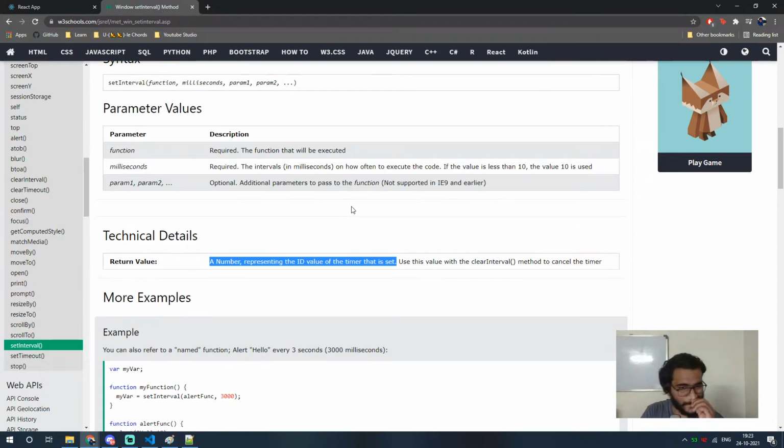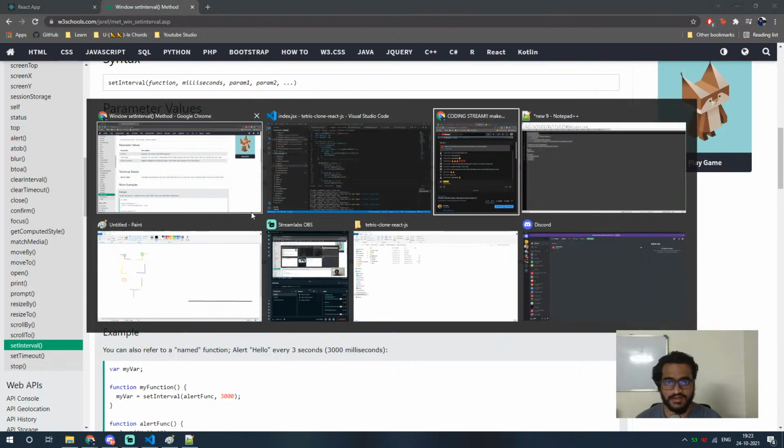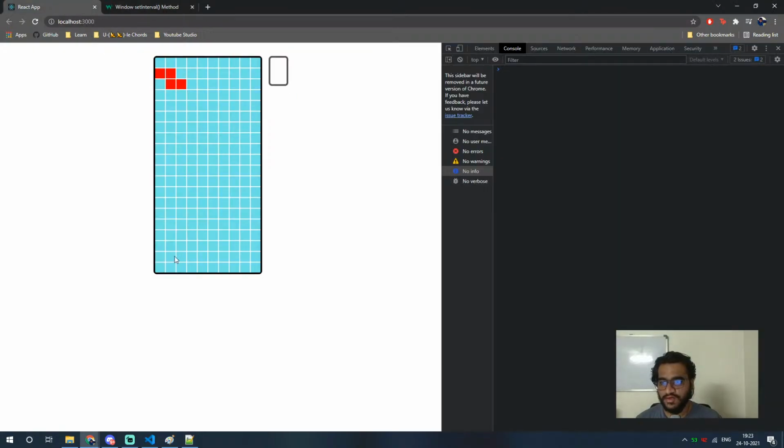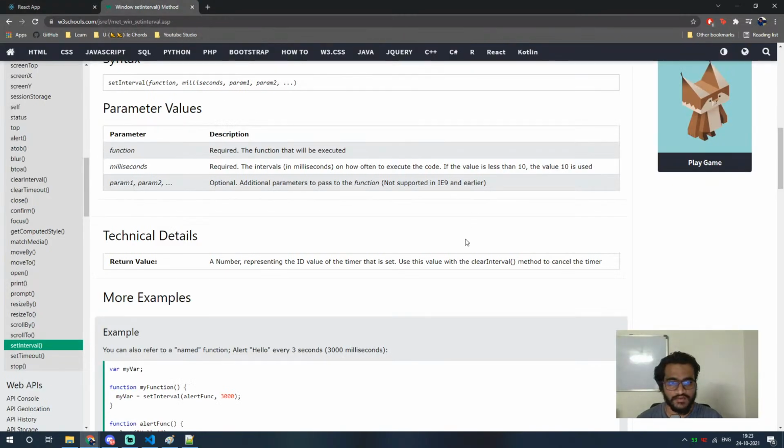Why I am concerned with this is that when this block collides with the bottom or collides with any bottom blocks, I should be able to cancel that interval, right? So I was just looking out whether there is a way of cancelling it.